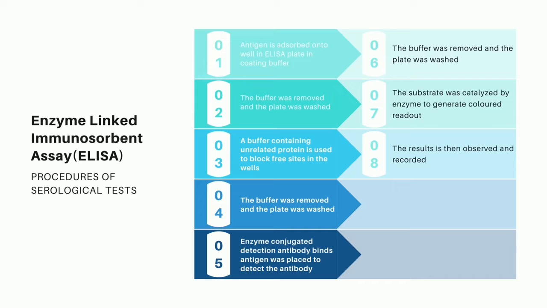Again, the buffer is removed and the plate is washed. The fifth step is that an enzyme-conjugated detection antibody that binds the antigen is placed to detect the antibody. The buffer is removed and the plate is washed. The seventh step is that the substrate is catalyzed by the enzyme to generate a colored readout. Lastly, the result is observed and recorded.